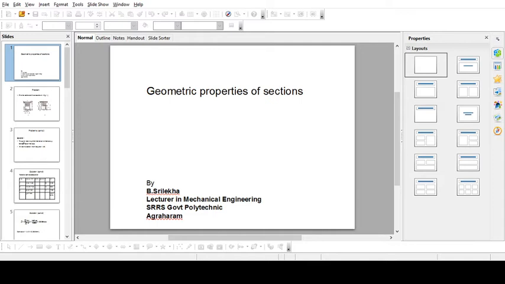Next, we have already calculated this table for centroid, and now we will take the area of the centroids.